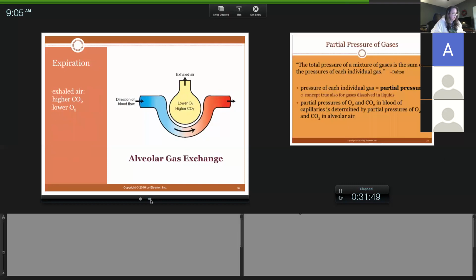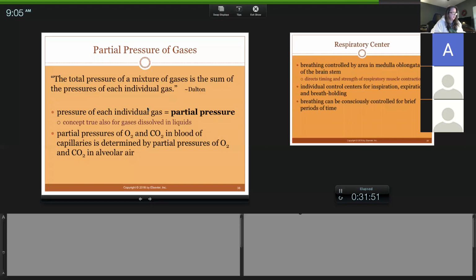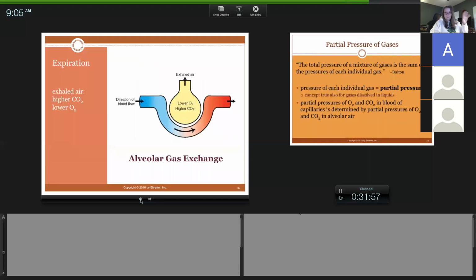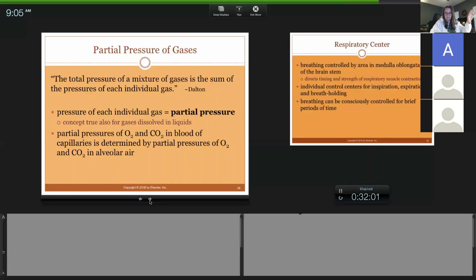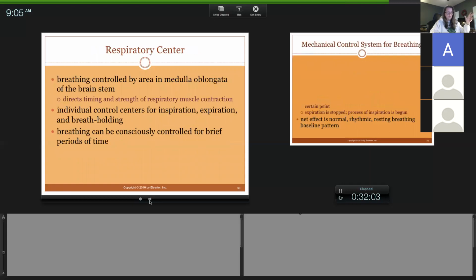Respiratory center: you should have told me when I told you how this diffuses. A lot of what I just talked about is in that separate handout with pulmonary circulation, so that relates to this and the diffusion.